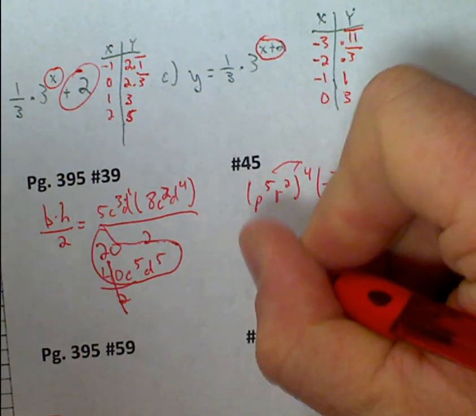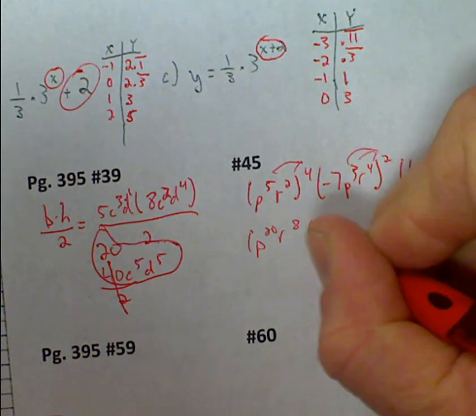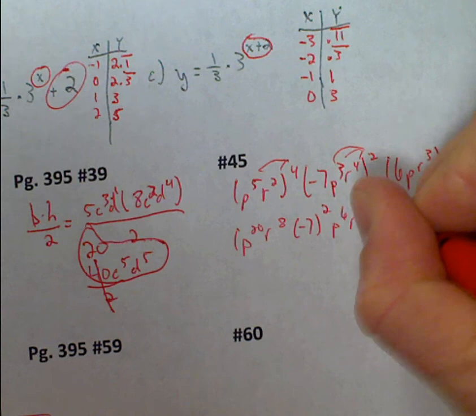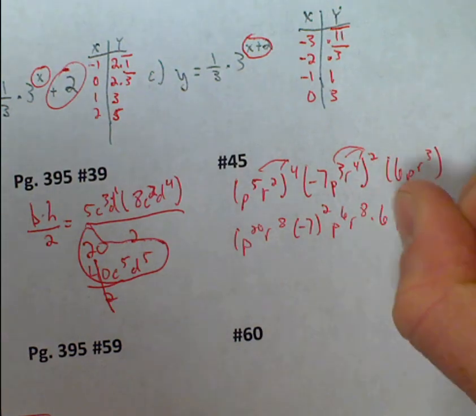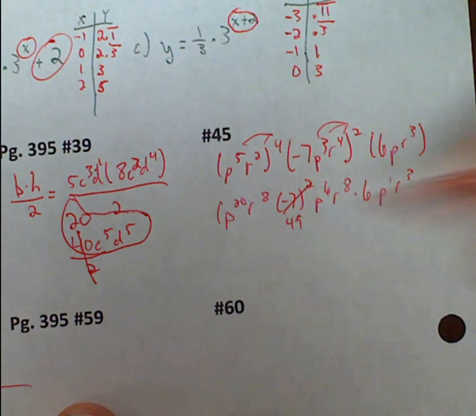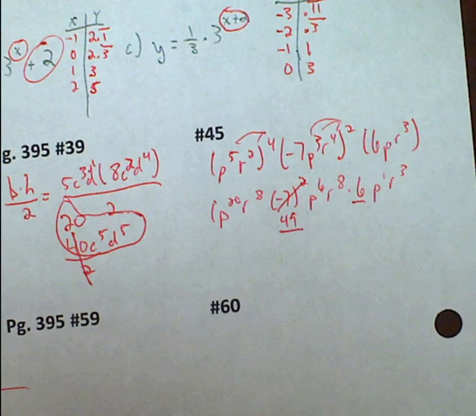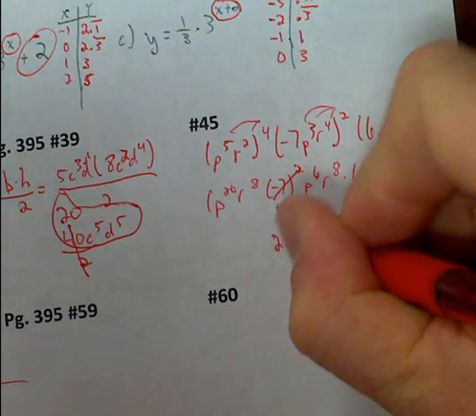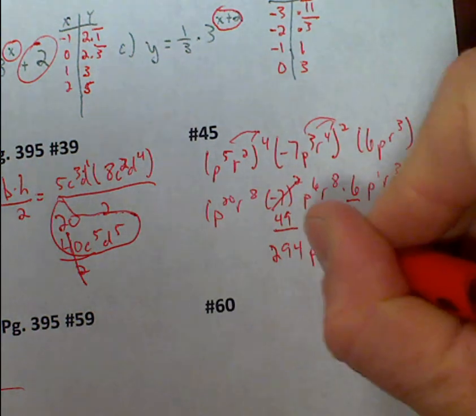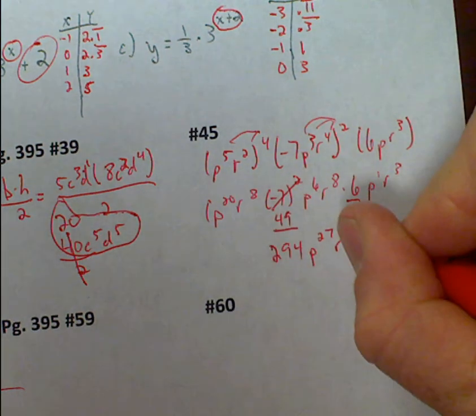So that would be p20 r8, distribute to all three, so that would be negative 7 squared, p6 r8, and then I bring down the 6 p1 r3. Negative 7 squared becomes positive 49 because that's negative 7 times negative 7. 49 times 6 gives me 294. P20, P6, that's 26, plus 1 is 27. R8, R8, that's 16, plus 3 is 19.